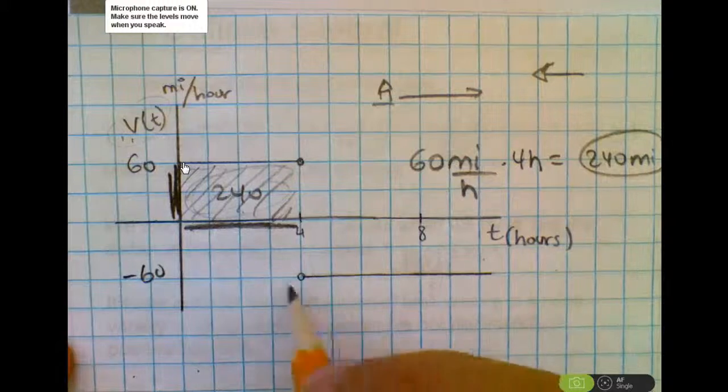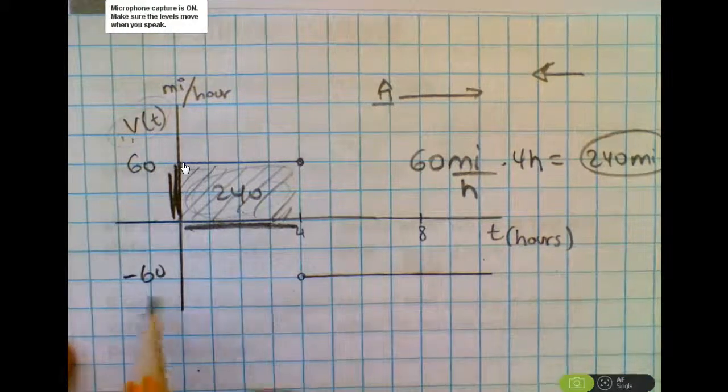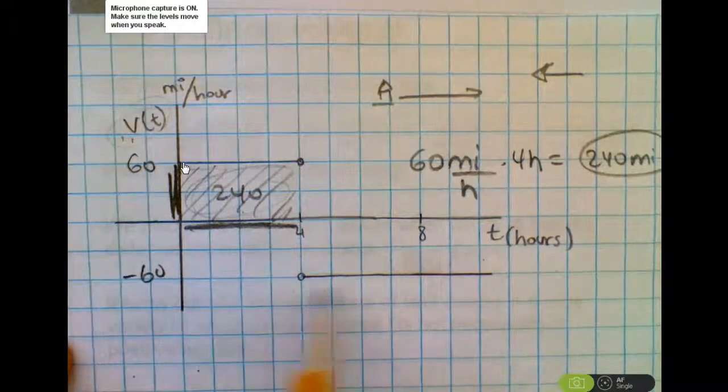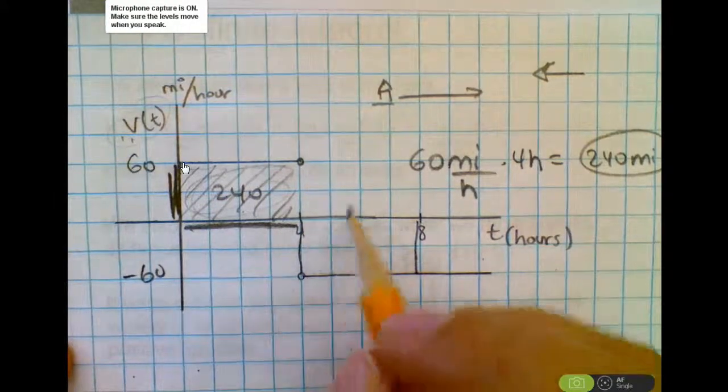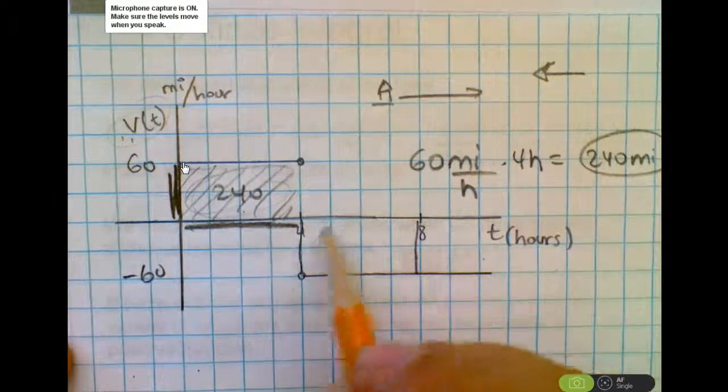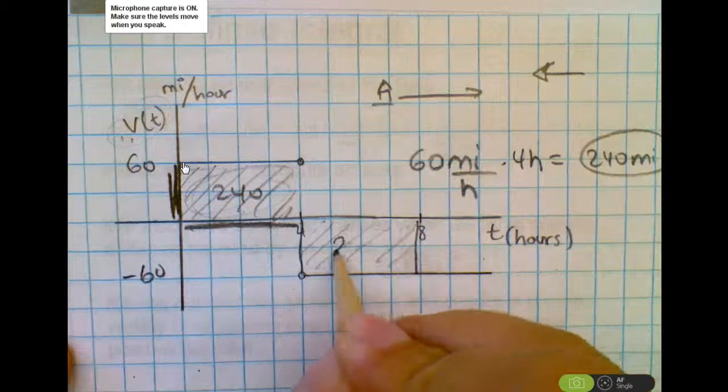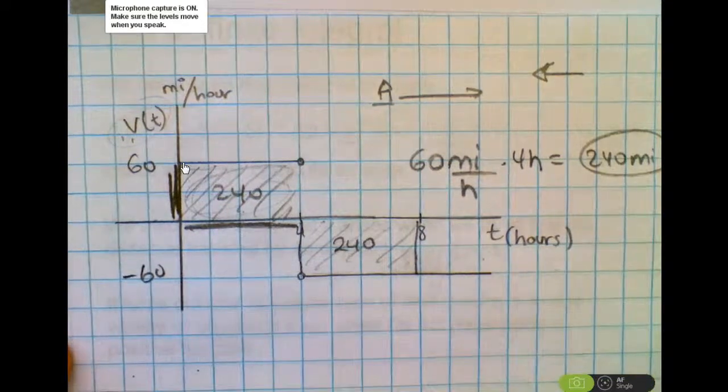Now, what happens when we are looking at this function and seeing that it's a negative function? Well, the area in here, because between 4 and 8 hours, 4 hours have passed by, this area will also be 240.